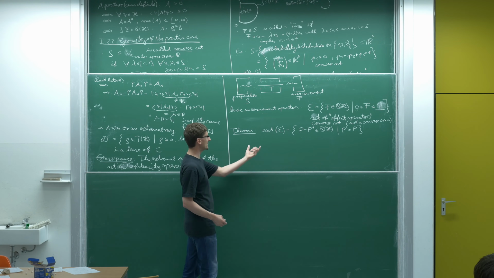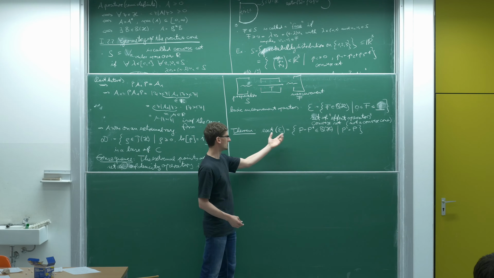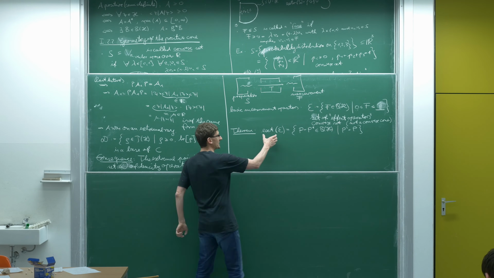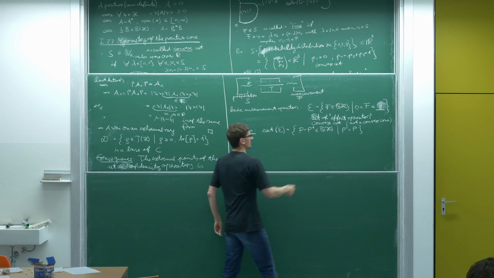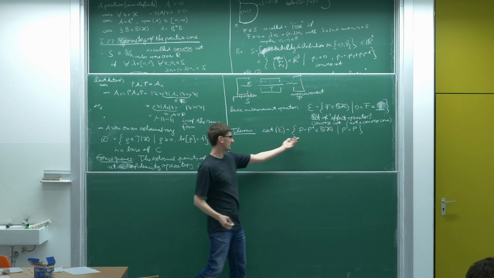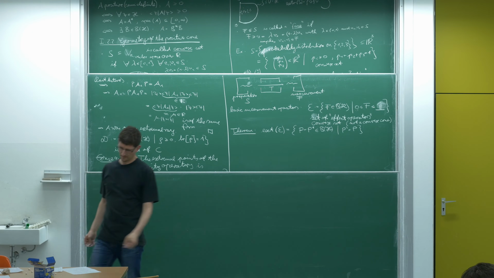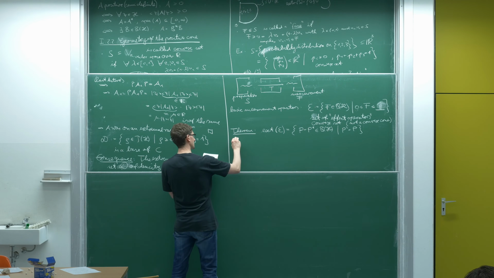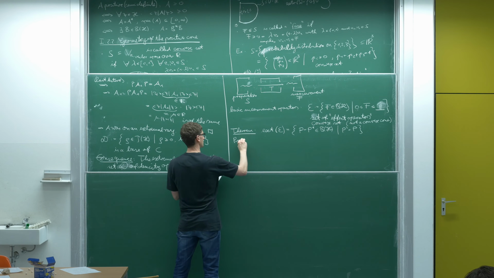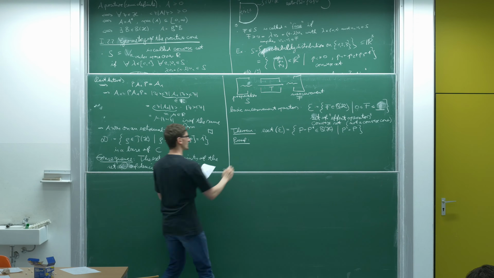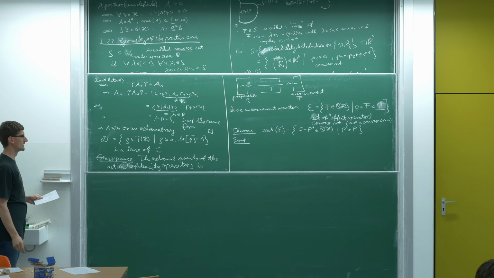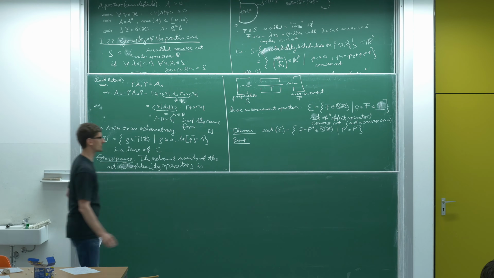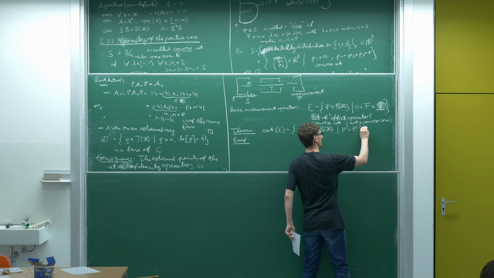And this is often related to this fact that the extremal elements of these effect operators are in fact the projections. So, of course, this here is a set of projections.